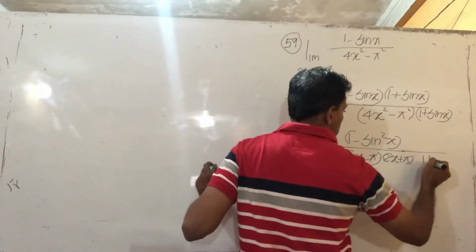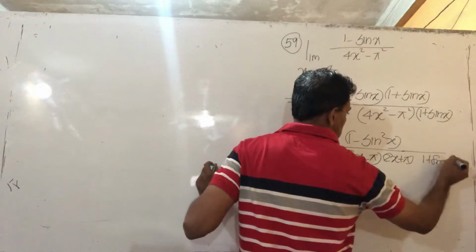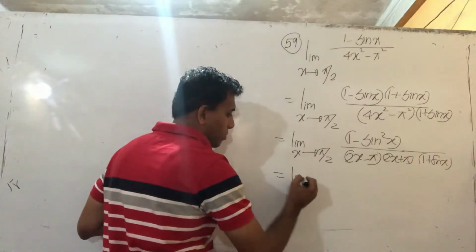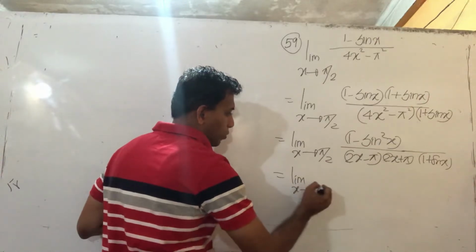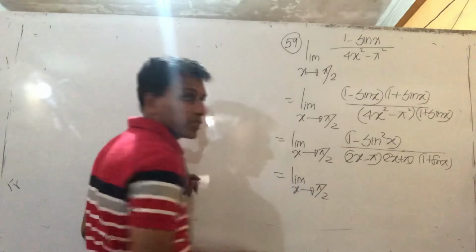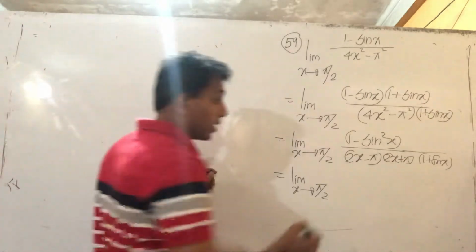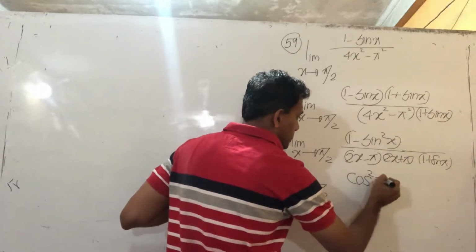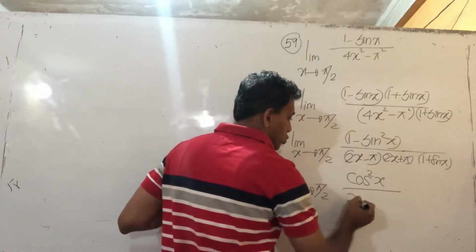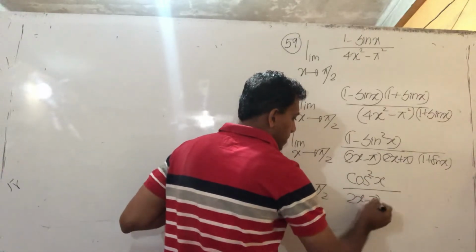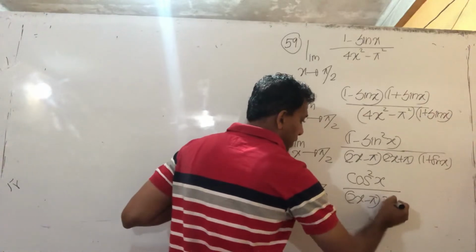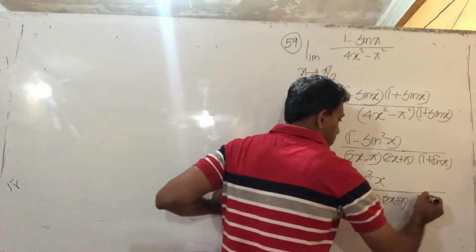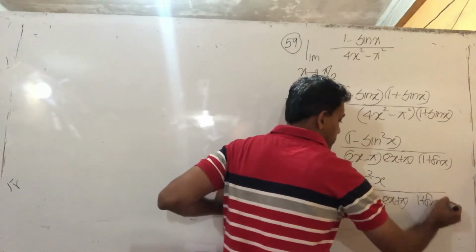And here 1 plus sine x. Okay, so next step, limit x approaches pi by 2. What is 1 minus sine square x? Cos square x, over (2x minus pi)(2x plus pi) into (1 plus sine x).